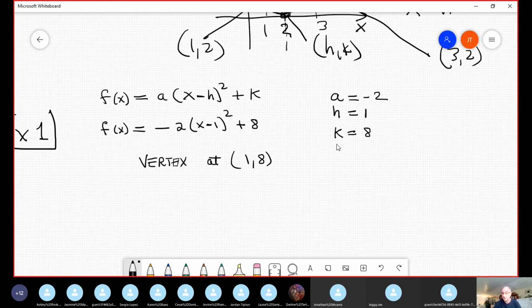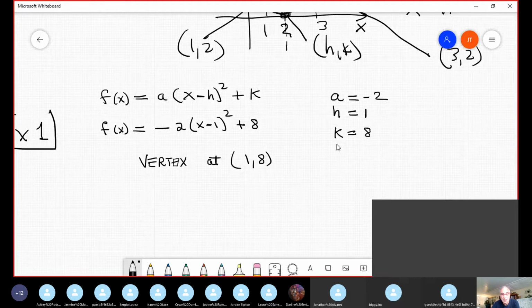Okay, in what direction does this parabola open? What is the parameter that gives me the control? In what direction does it open? Up or down? Down. How do you know it goes down, Jordan? Because A is equal to negative 2.